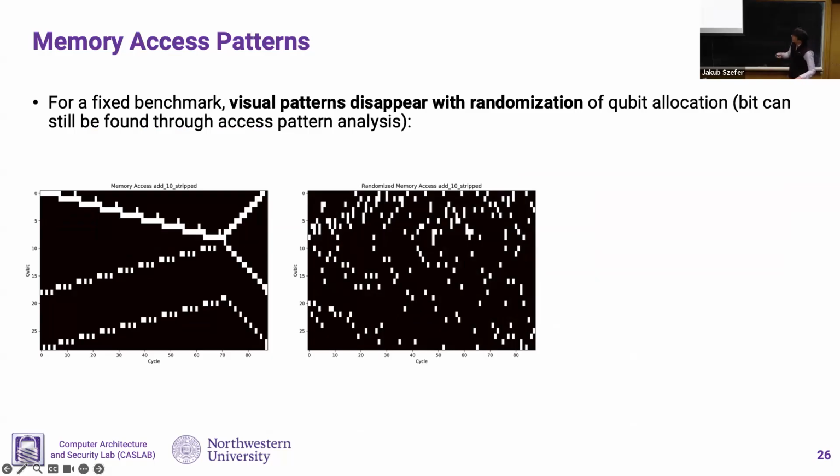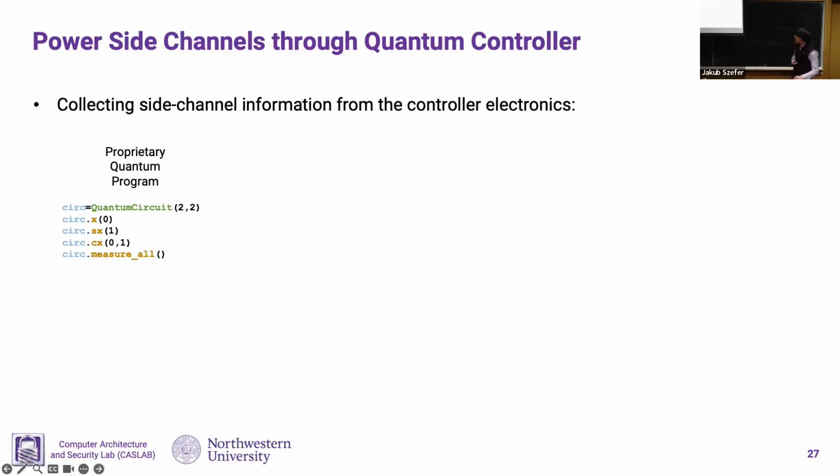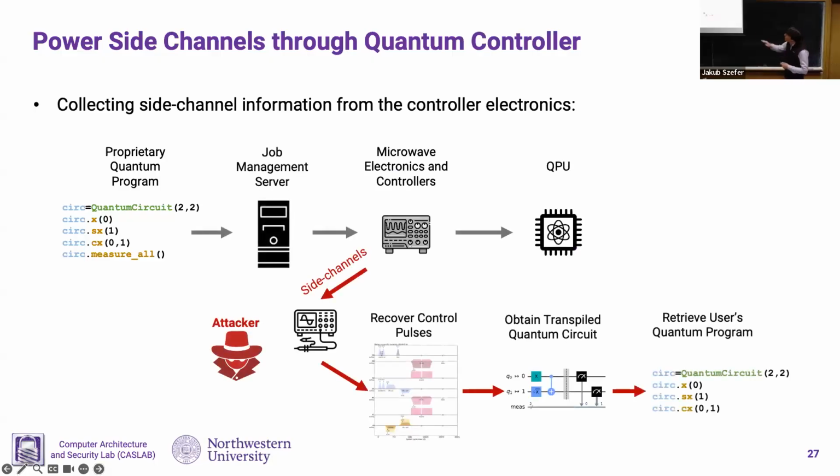So one kind of different work. This was actually a paper from a few years ago looking at power side channels. So, looking at the same setup again, but if you can collect some information about the power side channels, you can try to recover the types of control pulses that are being executed, and from those try to figure out the transpiled circuit, and then maybe finally the user's program.